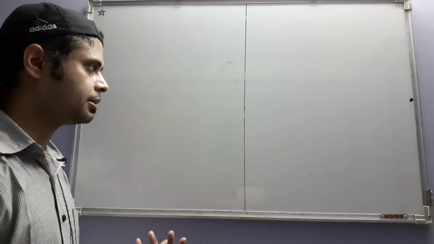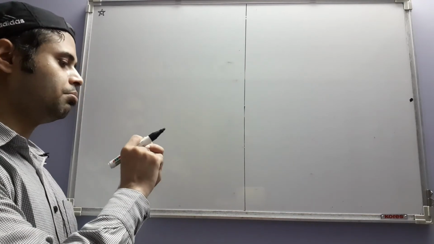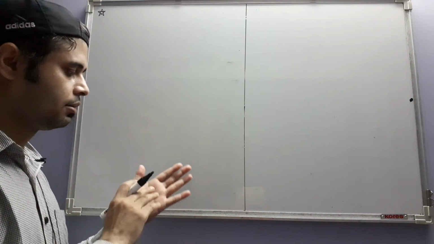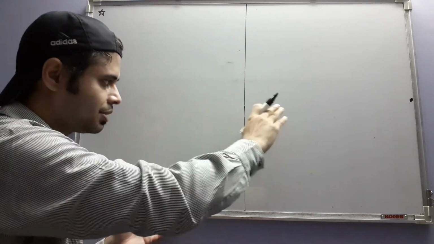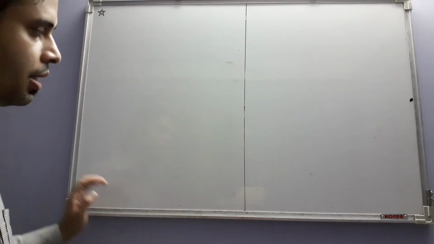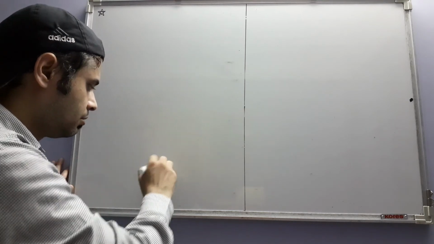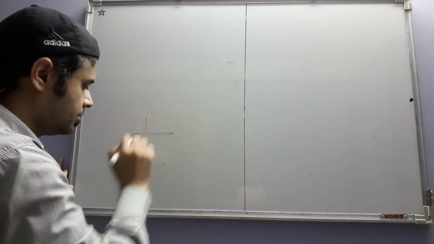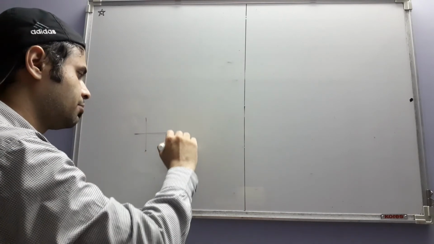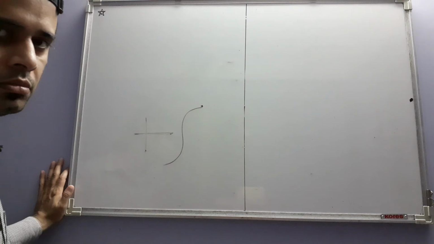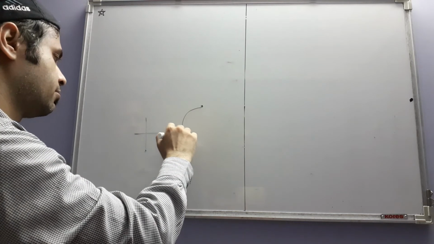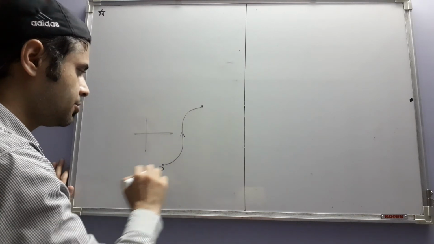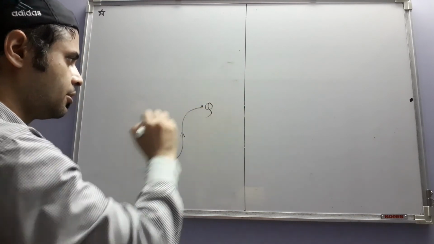What it's about is this: if a point moves in the plane in some manner, and you already have a coordinate system set up in the plane, then say the point is here and you have a coordinate system like this. The point moves from here to here in some fashion. Then this is the initial position and this is the final position.